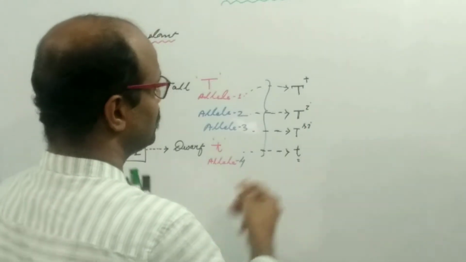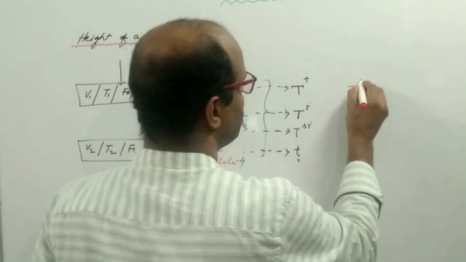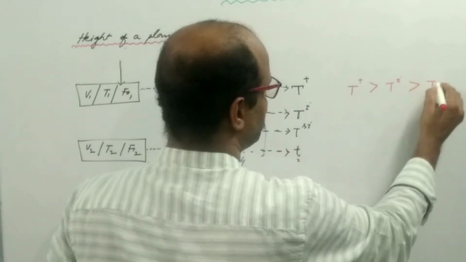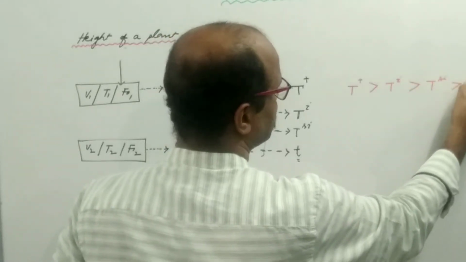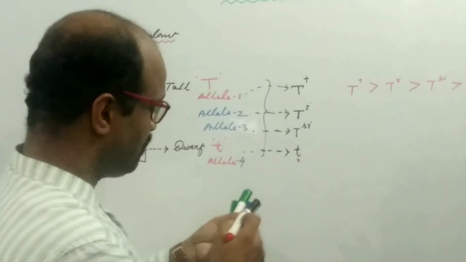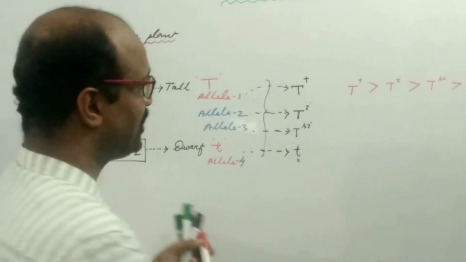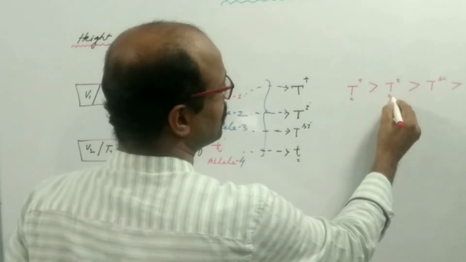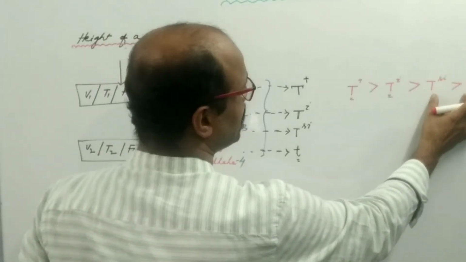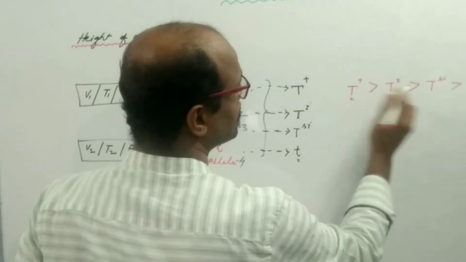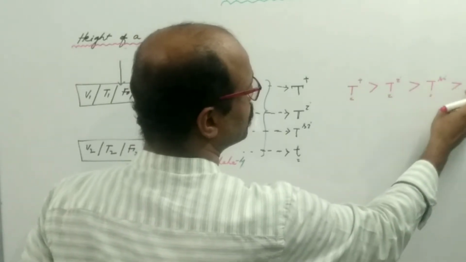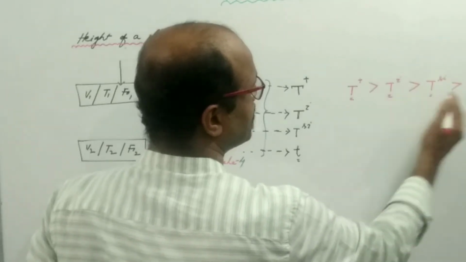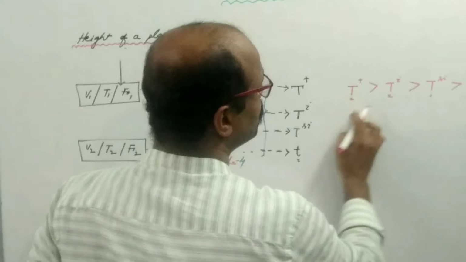So now I may write here T plus, Ti, Tsi and small t. It means T plus is dominant to all, Ti is dominant to these two and recessive to T plus, Tsi is dominant to small t and recessive to T plus and Ti, and small t is recessive to all.